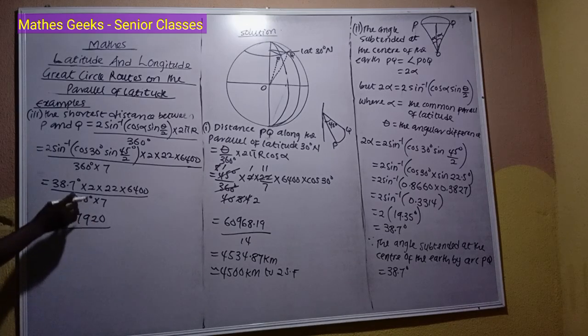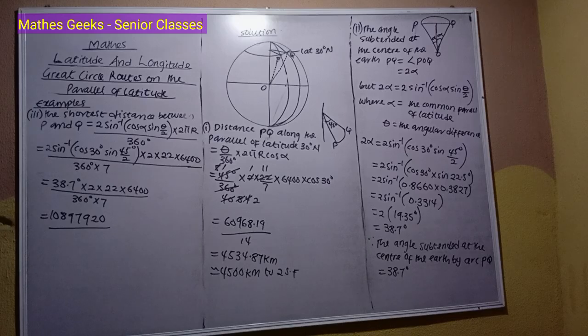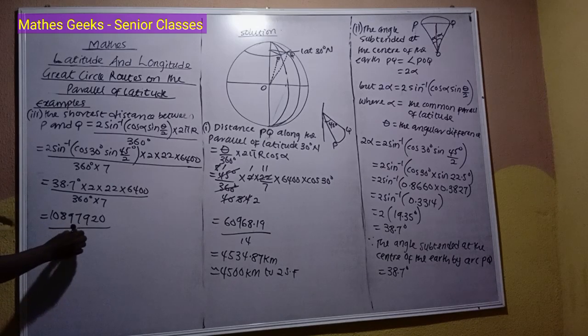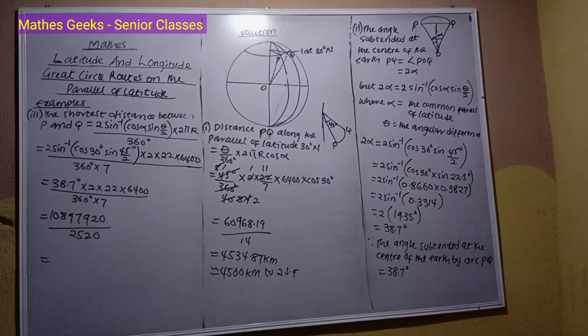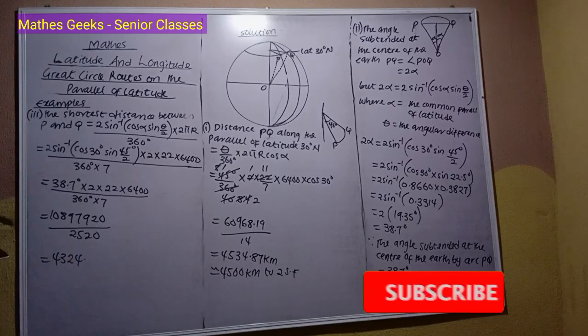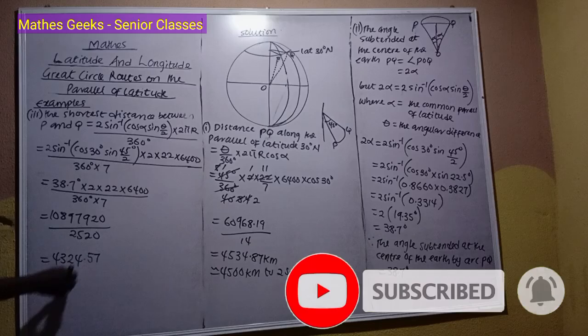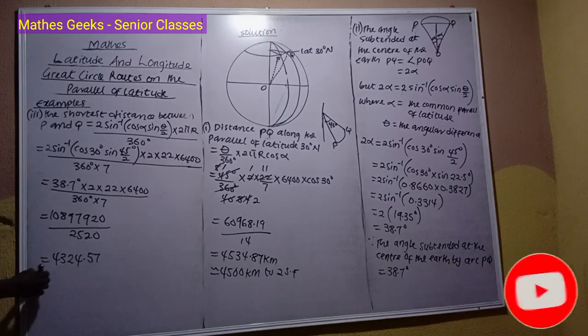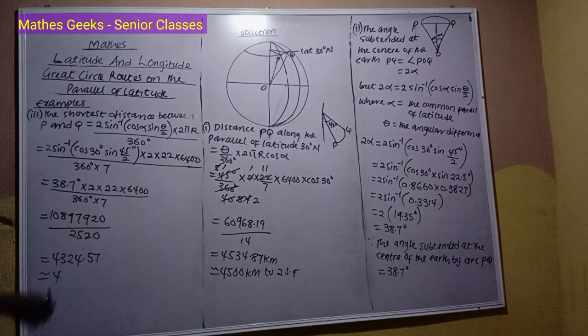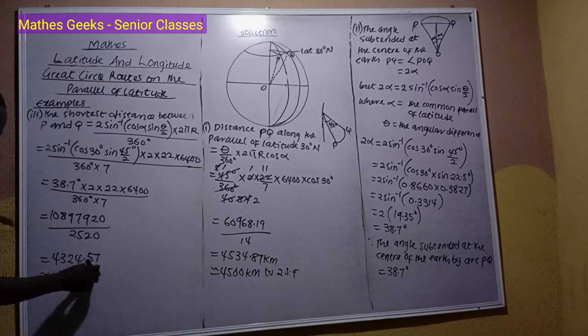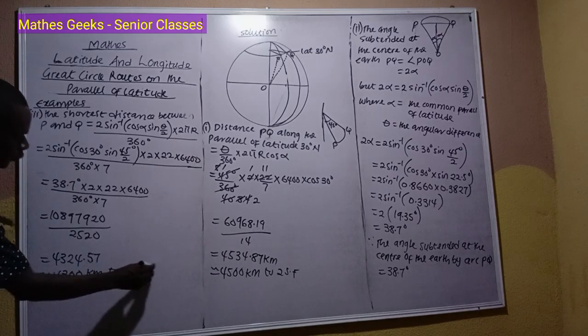That is 10,897,920 divided by 360 times 7, which is 2520. So 10,897,920 divided by 2520 is 4324.57, approximately 4,300 kilometers to two significant figures.